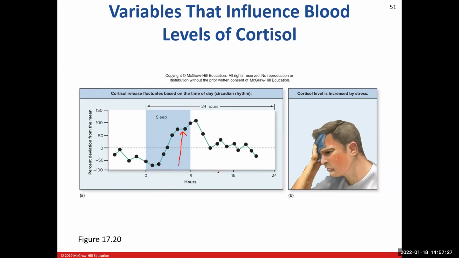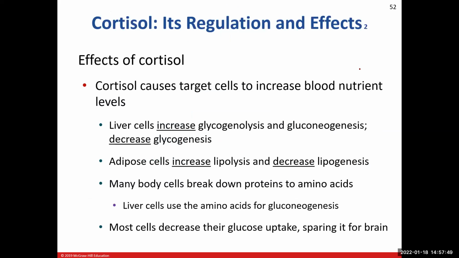Sleep is when regeneration and repair processes are going full bore, so cortisol helps with that. And of course, we'll see cortisol levels increase in stressful situations, whether it's through exercise. And this guy here looks like he's sweating quite a bit, probably because he's outside chopping wood when it's 95 degrees outside.